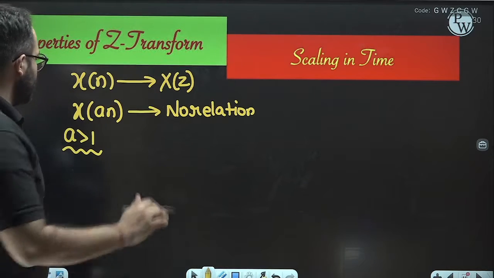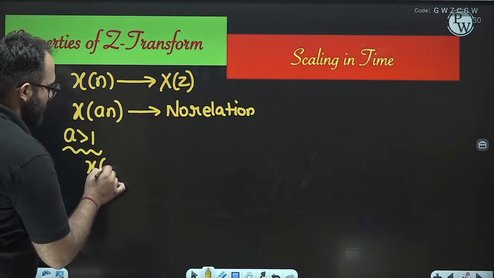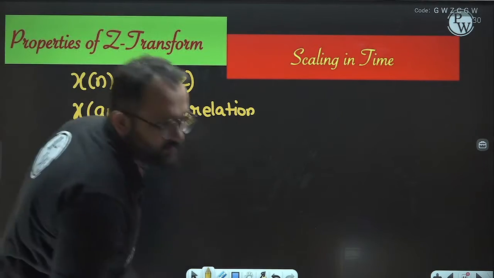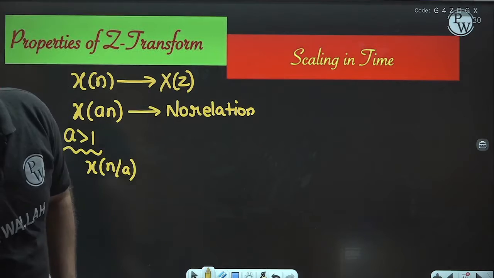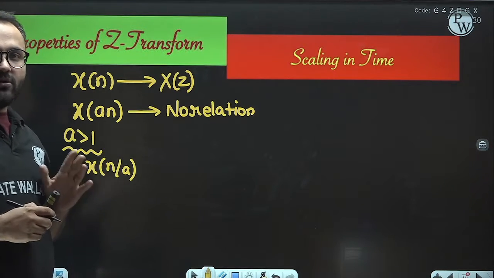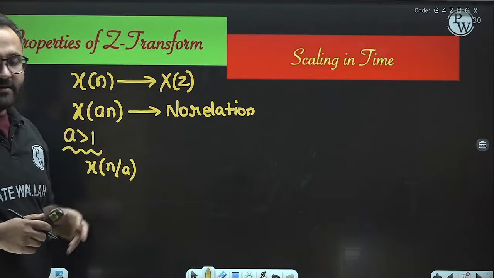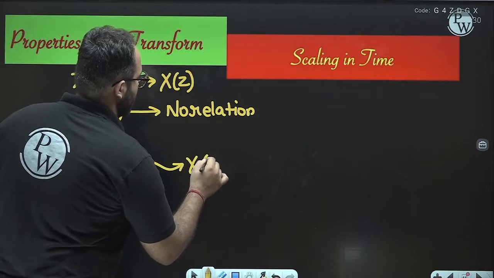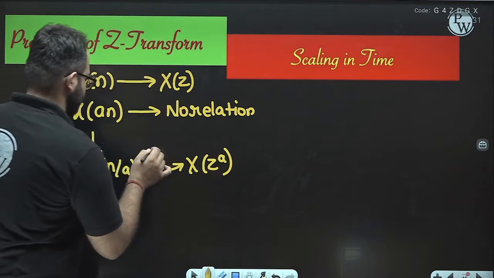Similarly, if we have x[n/a], in this case the samples are not lost, rather we do zero padding. So remember that in this case the z transform will be X(z^a).